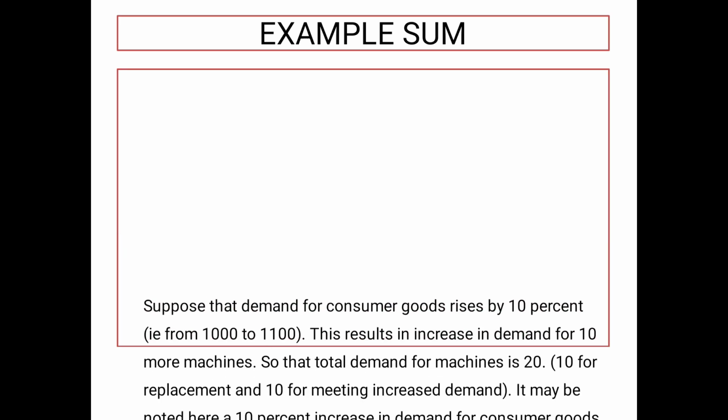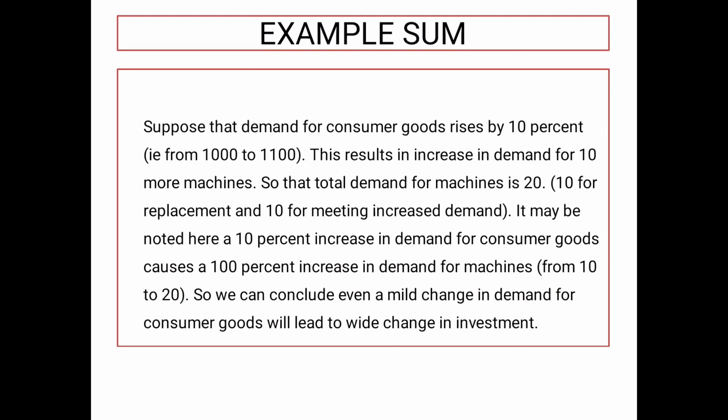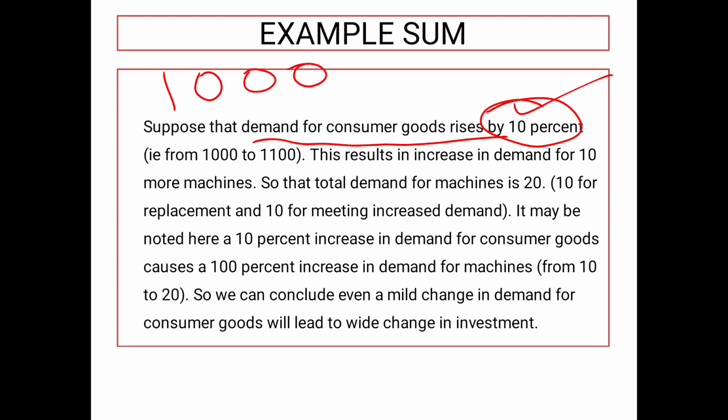Let us give it in the form of a sum. Suppose the demand for consumer goods is rising. Previously we saw 1000. Now there is a 10% increase, say from 1000 to 1100.